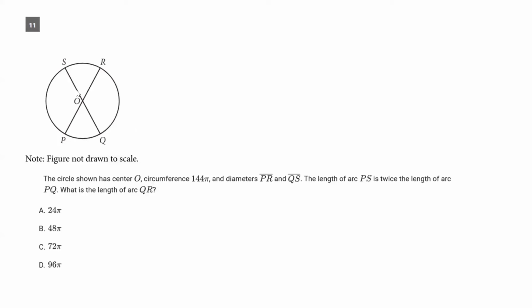Okay, so let's first focus on how SR and PQ are related. They're the same because they're vertical angles. So the same central angle will give you the same arc length. And then these two, SP and RQ, are going to be equal to each other. And then we have a relationship between them by being told that PS is twice as great as PQ. So we'll say SR equals PQ.